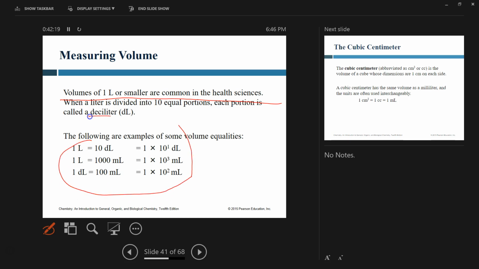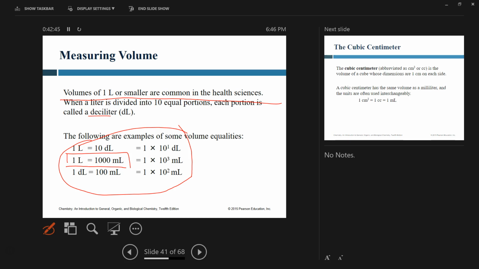So here you see an example. Deciliters are used quite infrequently, and centiliters are used infrequently. We mostly use, to be honest, liters and milliliters. Does that make sense? Now, a couple more relationships, whether we talk about volume or length.